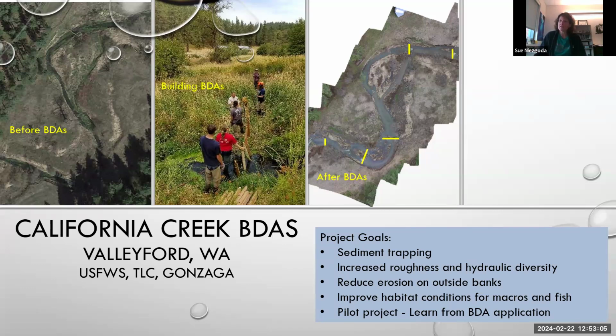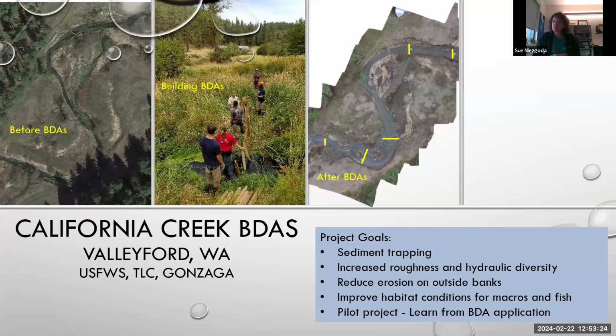We were running into some problems with being able to keep the posts stable. This probably wasn't the best site to put them in, but we had landowner buy-in for it to allow us to do it. And also we thought, well, let's give it a shot and see what we can learn, because overall they're pretty cheap to install.